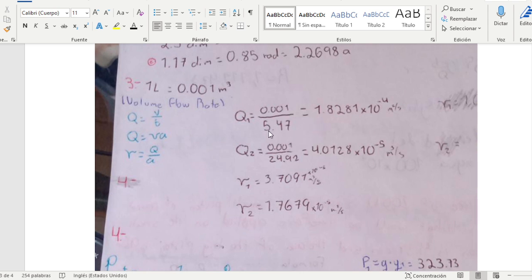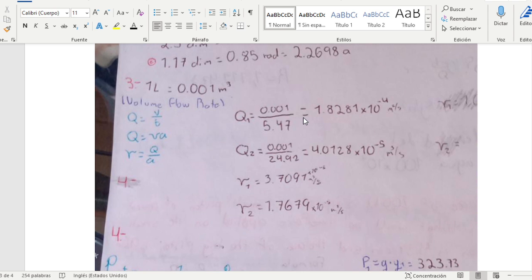So we have that Q is equal to volume over time. Volume is this one and time is the time it takes to fill. So we get the results of the speed. Wait, no, the flow rate.